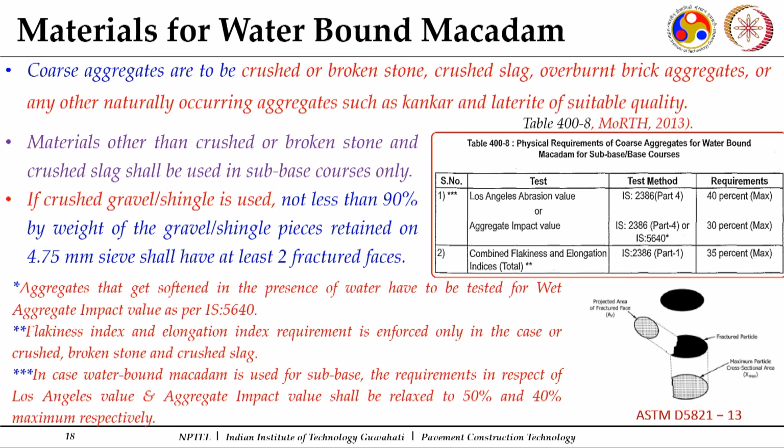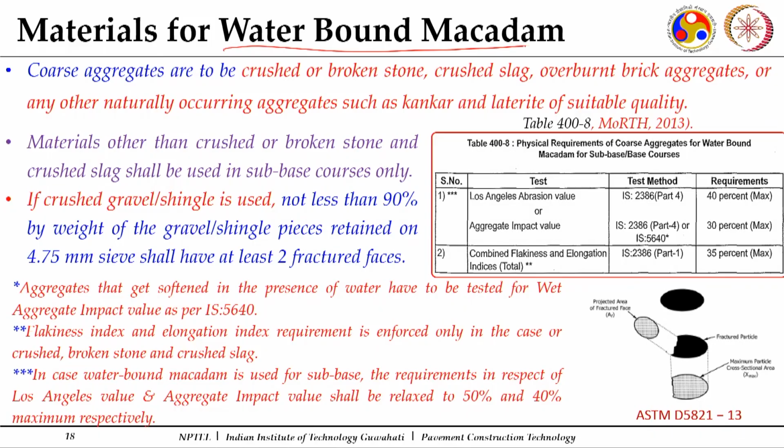Now, in granular courses there was another mix which we discussed, the waterbound macadam. Most of the time this is preferred as a granular base course, or sometimes it can be used in the upper layer of the subbase course also. Here the requirement says what materials can be used: crushed or broken stone, crushed slags, and overburnt brick aggregates.